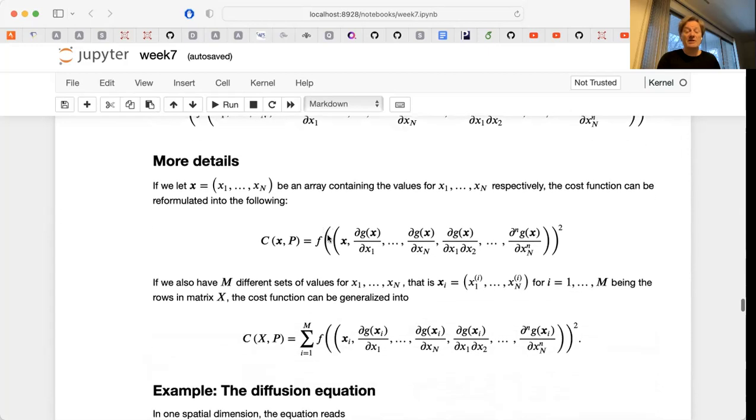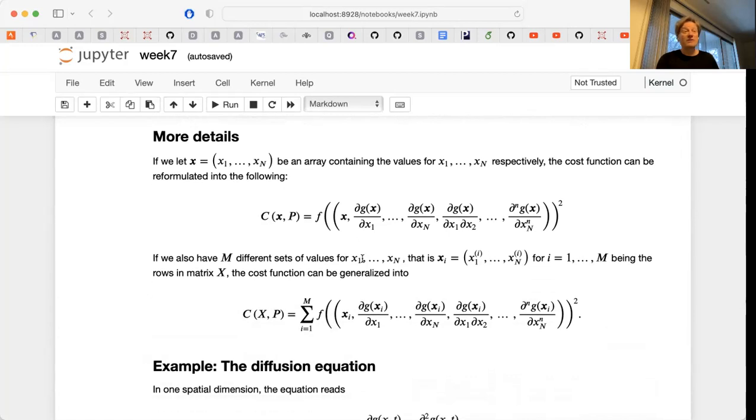In this particular case, your function would depend on the derivatives with respect to x, also the derivatives with respect to time. So one of the things you need to set up then is the Jacobian. So that you need a partial derivative with respect to x and t.